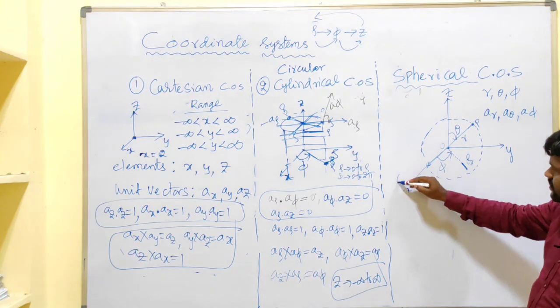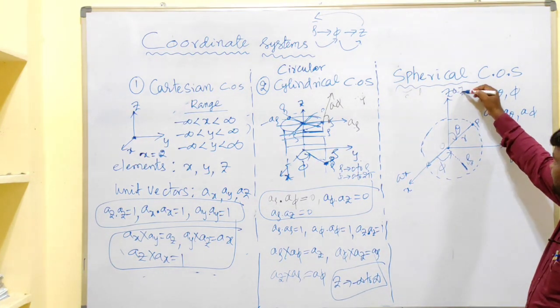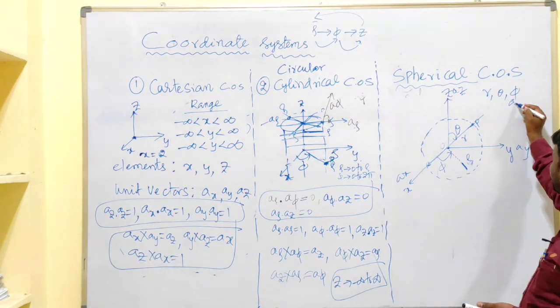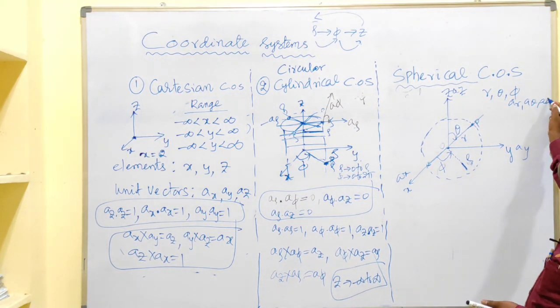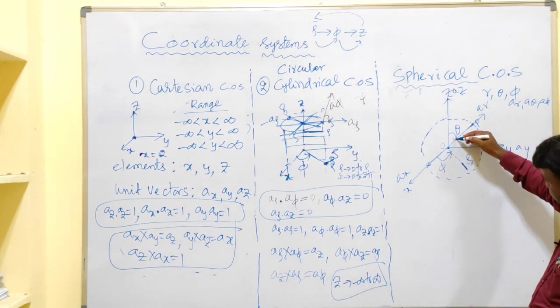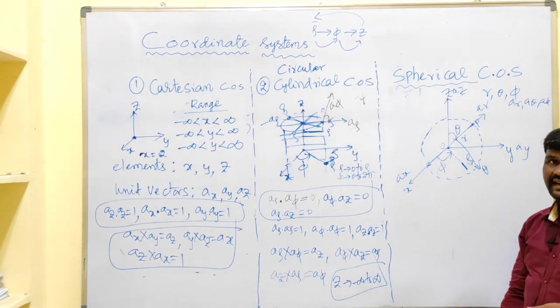Along the x direction we have a x, along y, a y, along z, a z. And along the r direction the unit vectors are a r, a theta, a phi. Along the r direction you get a r. Along the theta direction, the angle between a r and a theta is 90 degrees.